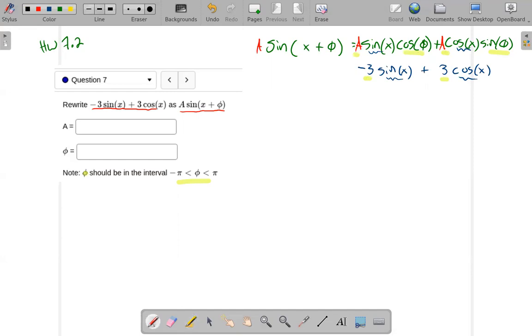So what we get next is that a cosine of phi from the first part has to be -3, and a sine of phi has to be +3.